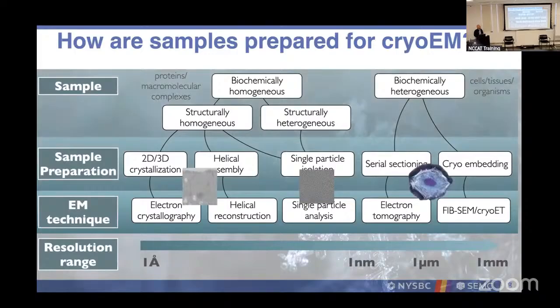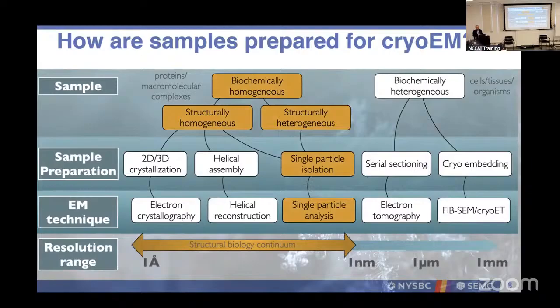The way that we prepare samples depends on whether you're going into cells or you can exogenously purify and enrich and maybe form arrays. That helps push you into a particular sample preparation workflow. There are certain membrane proteins, for example, that naturally form 2D arrays on membranes, and that lends itself really well to some electron diffraction techniques.